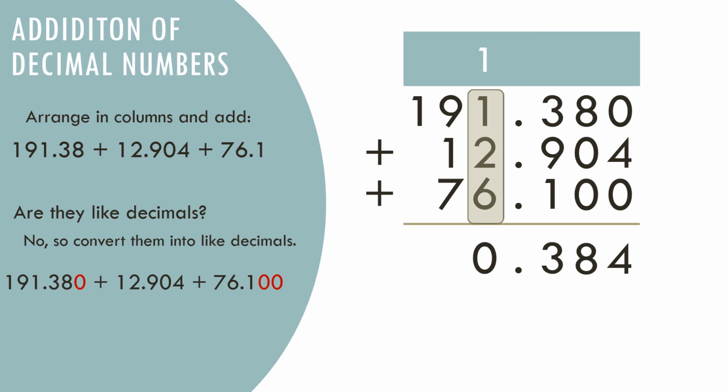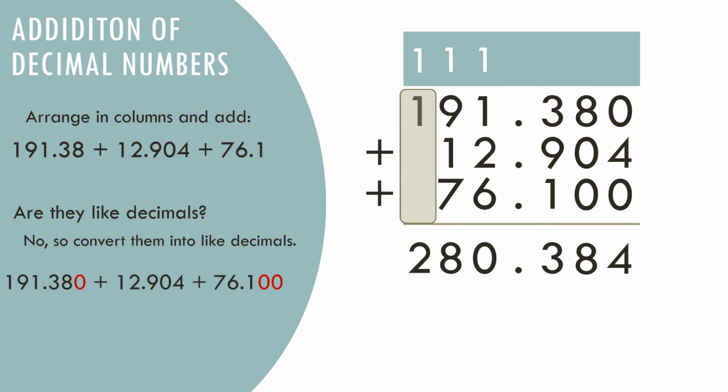So write 0 below the line and carry 1 to the tens place. Then add 1 plus 9 plus 1 plus 7 is equal to 18. So write 8 below the line and carry 1 to the hundreds place. Then add 1 plus 1 is equal to 2. So write 2 below the line. So the answer is 280.384. Remember, the decimal point is placed in the sum also.